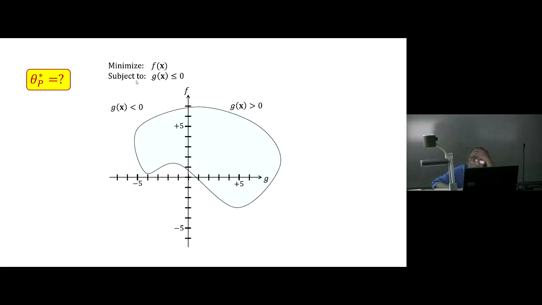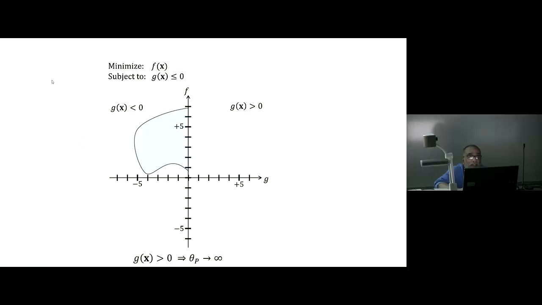In the infeasible region, it's infinite. We are trying to minimize theta p to get theta p star, correct? And so we can ignore the infeasible region. So we will focus on only this blue region here. So what's theta p star now? It will coincide with the minimum of the objective function too. What's the minimum of the objective function? Visually, you can see that it's here, right?